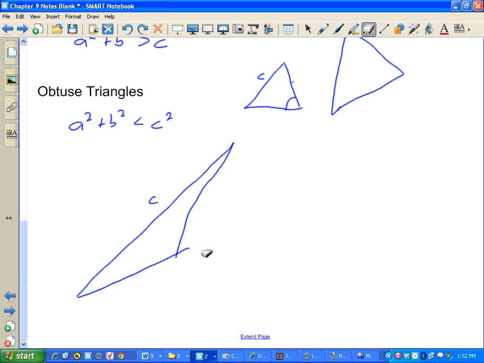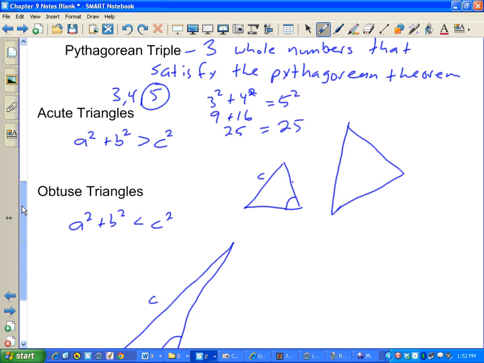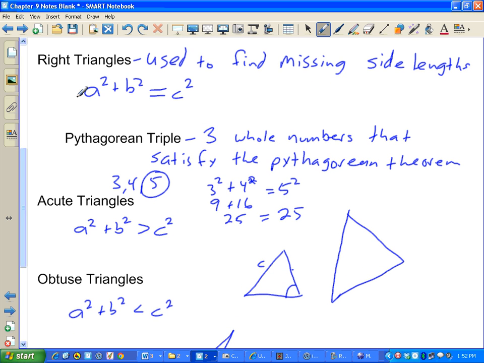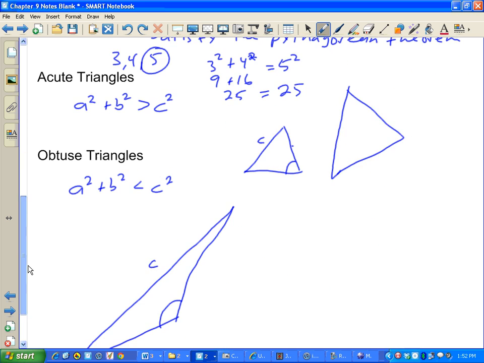Okay, they are coming together, but this is so long, it's really stretching out this angle and making it obtuse, so I get an obtuse triangle. Okay, so if you're trying to classify triangles as either right, acute, or obtuse, you're just going to fill out the Pythagorean theorem and see which case applies. If I get something on both sides that is the exact same, it's a right triangle. If the two added together are bigger than this one, it's acute. If the two added together are smaller than the one, then it's obtuse.